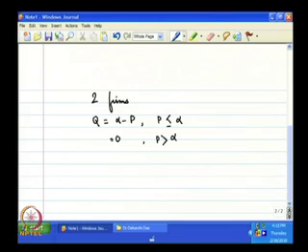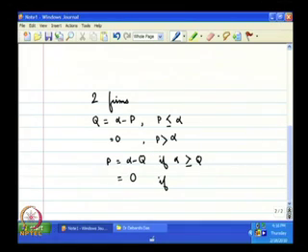This is the direct demand function, and from this we can get the inverse demand function. So, these are the inverse demand functions.